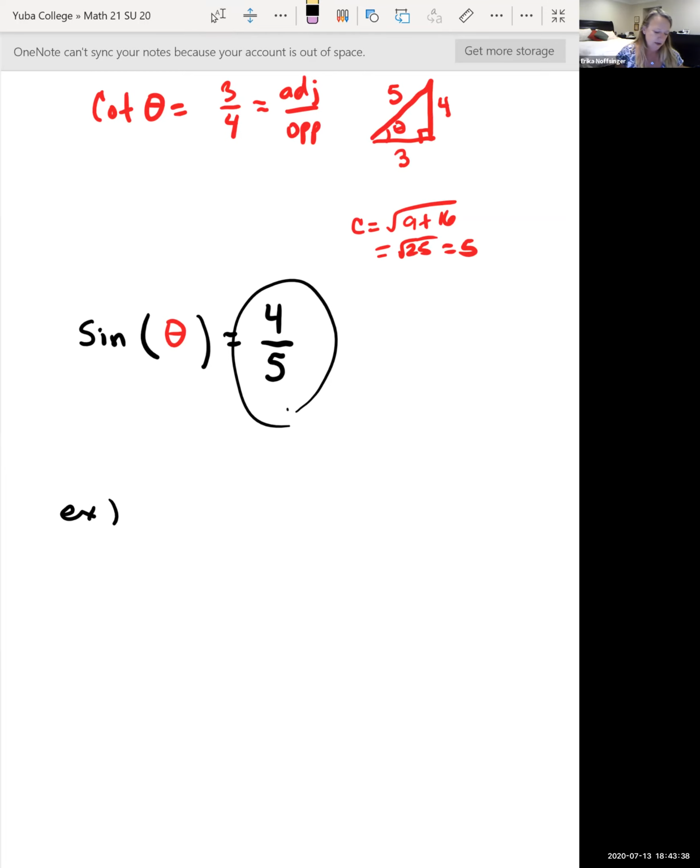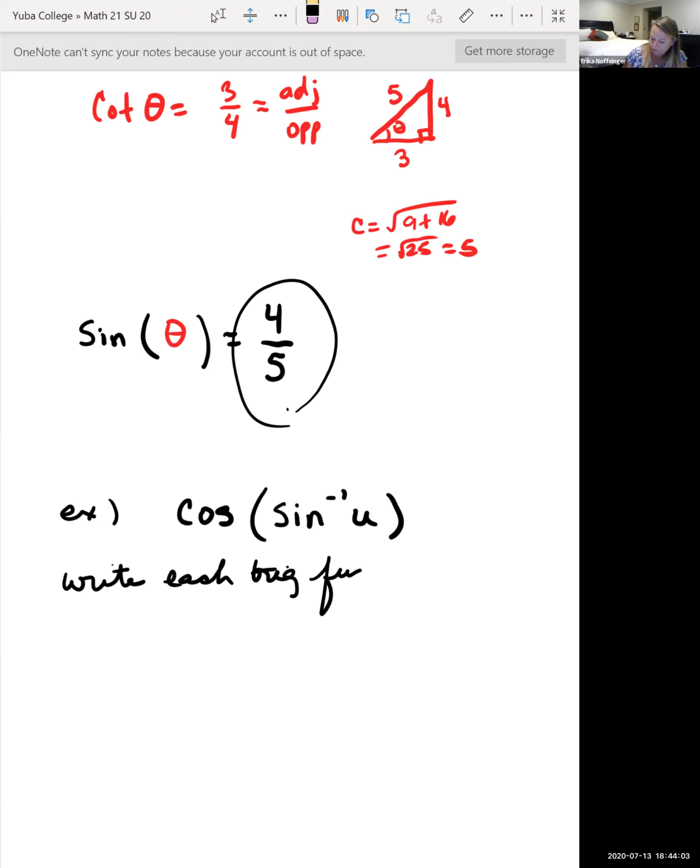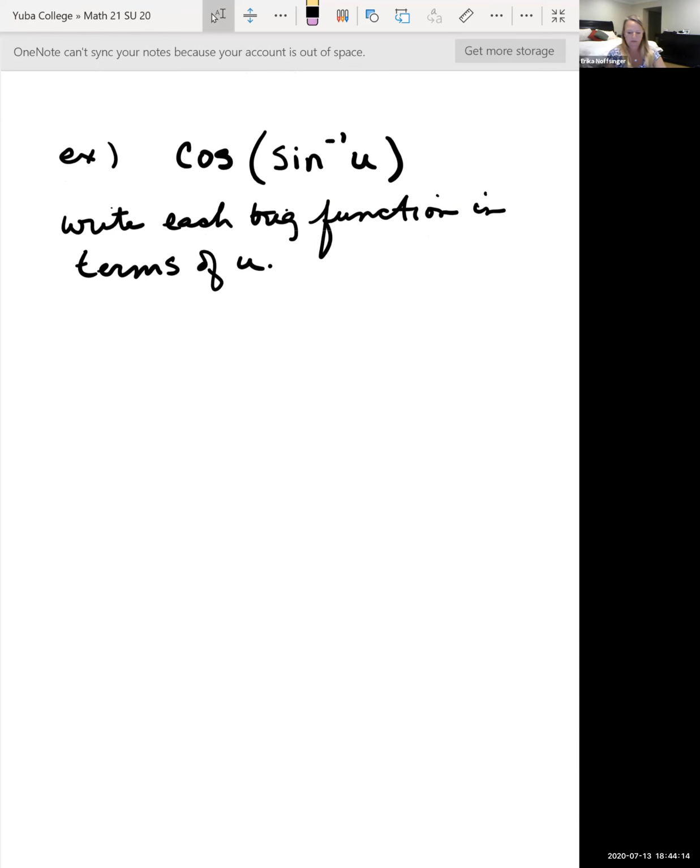So it says write each trigonometric function as an algebraic expression in U. So if you had cosine of sine inverse of U, write each trig function in terms of U. Okay, so we're going to, again, create a triangle.